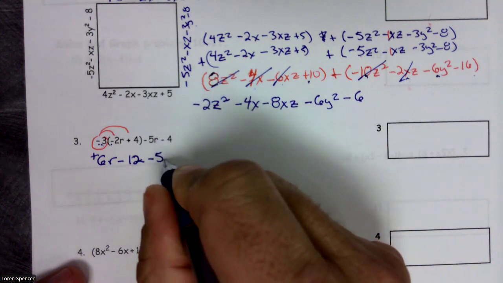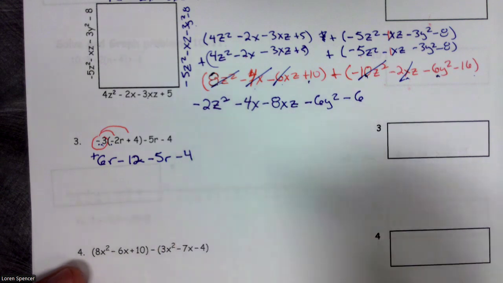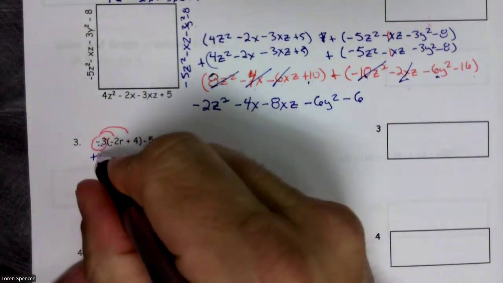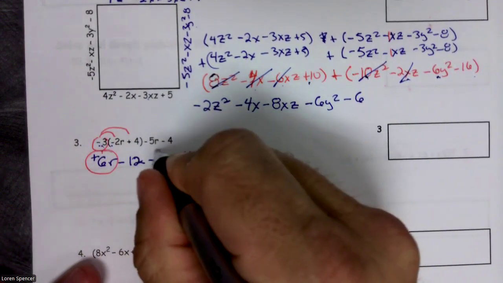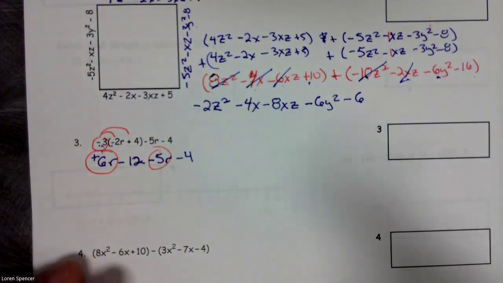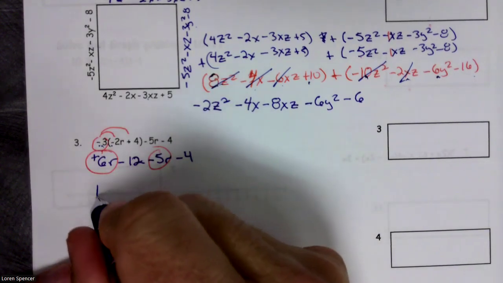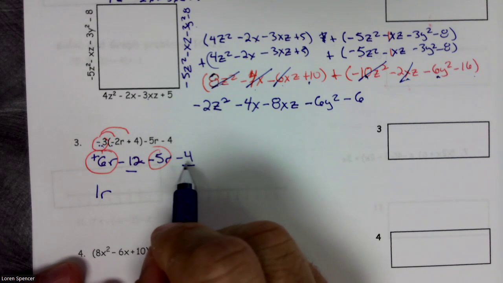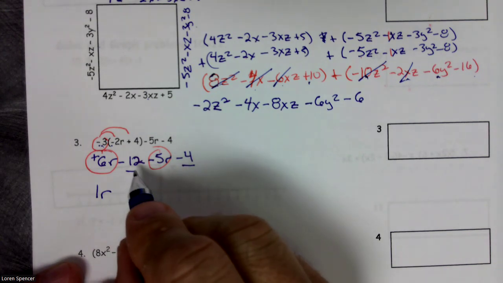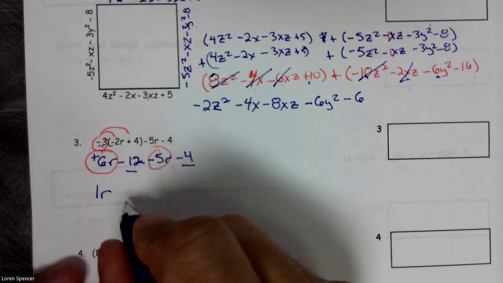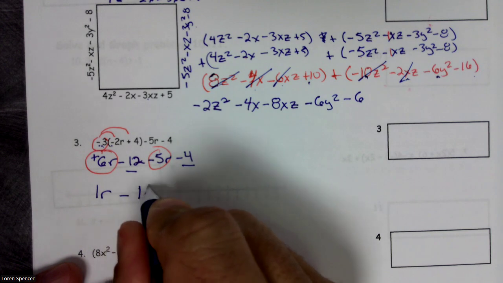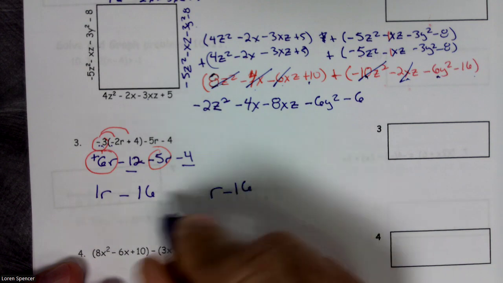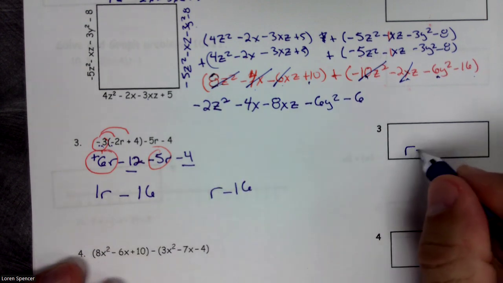Minus 5r minus 4. Well, now I need to combine like terms. I can combine the 6r and the minus 5r, and that gives me 1r. And then I have negative 12 and negative 4, and those combine. So negative 12 and negative 4 gives me negative 16. So I end up with r minus 16 or 1r minus 16.